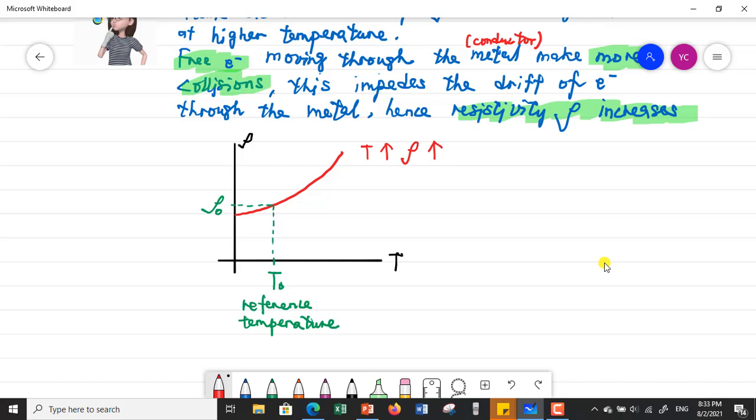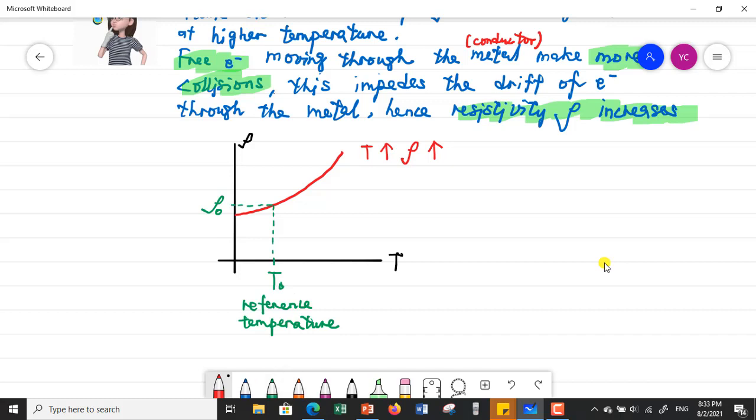So we might want to find the final resistivity after we increase the temperature over a certain range. Let's say I denote a reference temperature as T0, and at this reference temperature the resistivity of the conductor is denoted as rho naught.